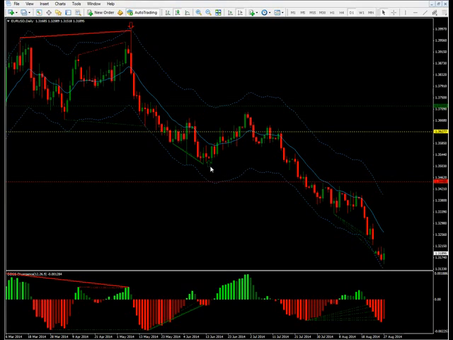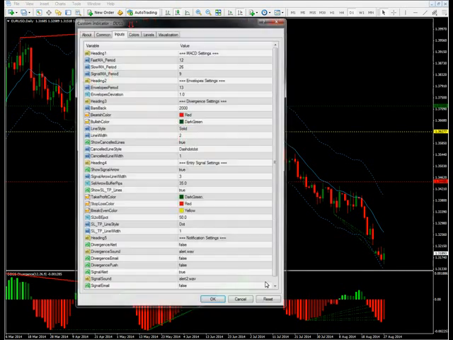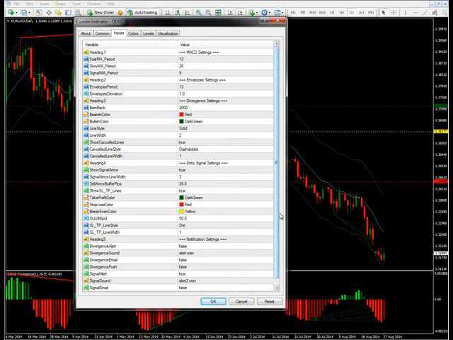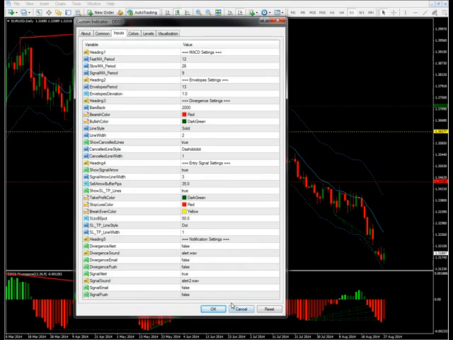Alright, I'll show you one more thing before looking at a trade signal. Right here we have our entry signal. You can receive alerts when divergence lines and entry signals appear on the chart. So we'll go into our DDSS indicator, and down here we have our notification settings. If you want to be alerted when a divergence line appears on the chart, we have three different types of alerts.